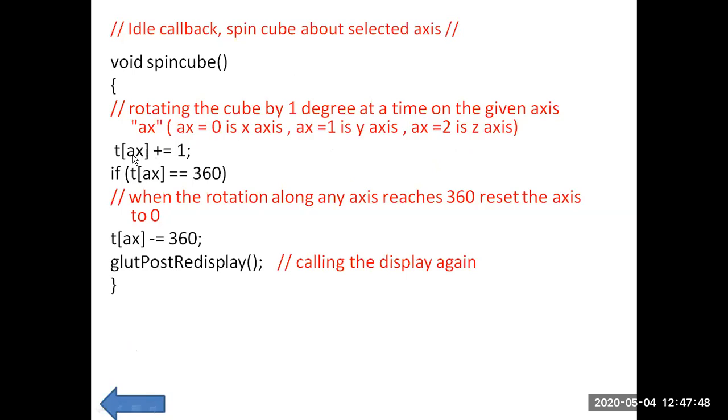So the axis is specified as axis. I will check whether the rotation angle is equal to 360 degrees. Once the rotation angle reaches 360 degrees, we need to reset it to 0. Then call the function glutPostRedisplay. So this will again call the display function.